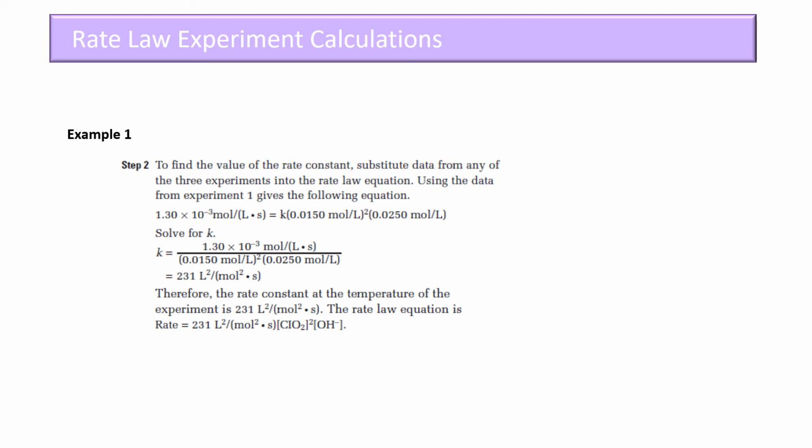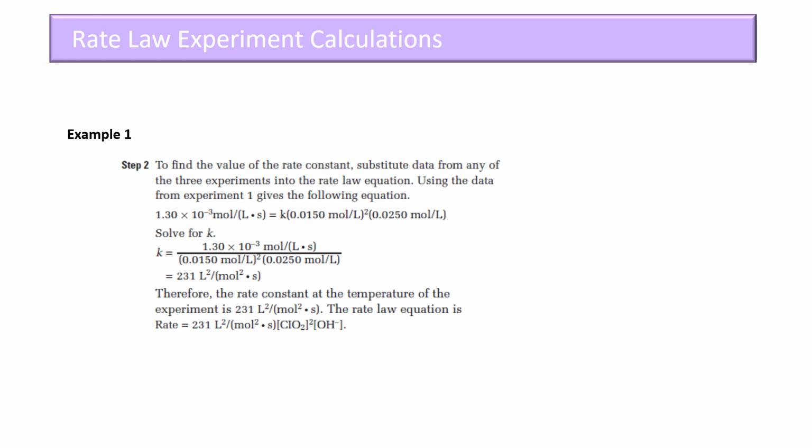Substitute into the equation and solve for K. We will then arrive at K being 231 liters squared per mole squared second. Therefore, the rate constant at the temperature of the experiment is 231 liters squared divided by mole squared times second.